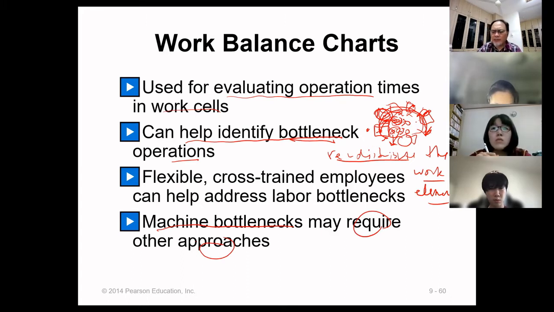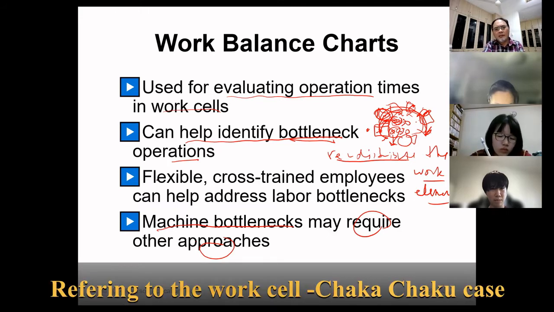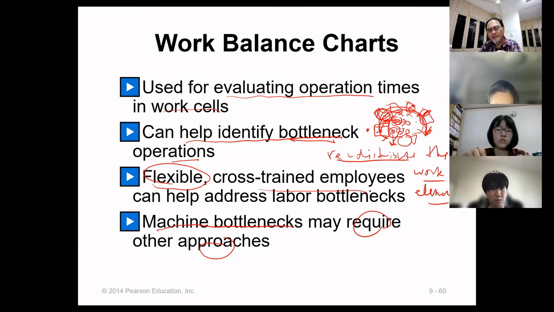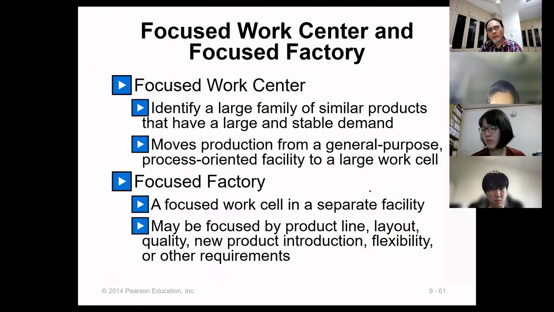So work balance is very important in any process, especially in manufacturing. At the same time, the work balance chart should be flexible, with cross-trained employees, especially when there are 2 or 3 workers. So it is cross-trained, and everybody can do the job.